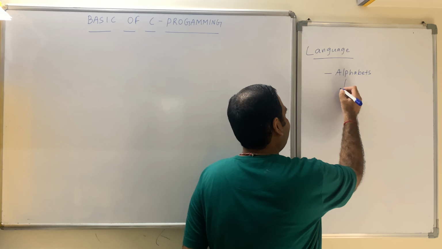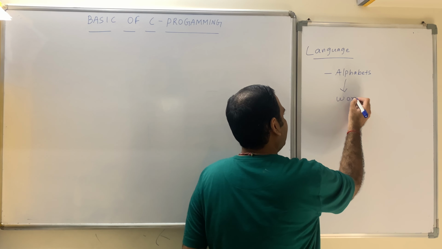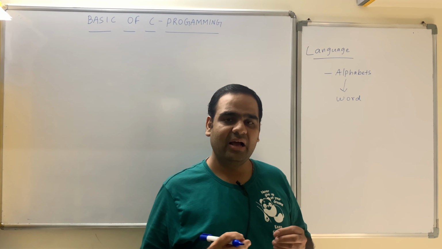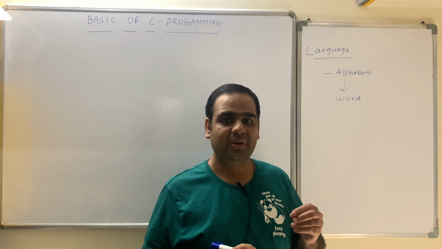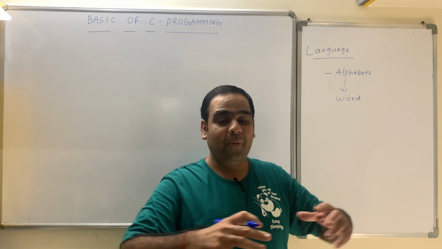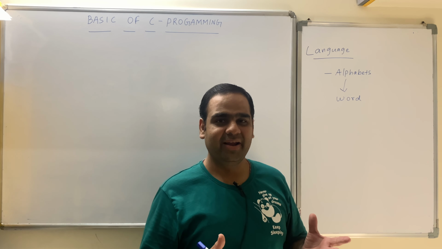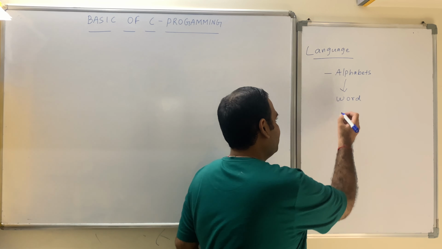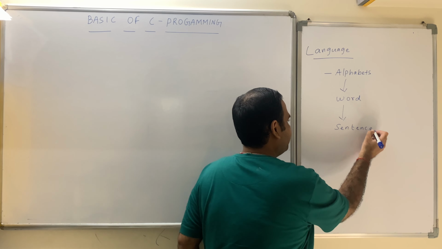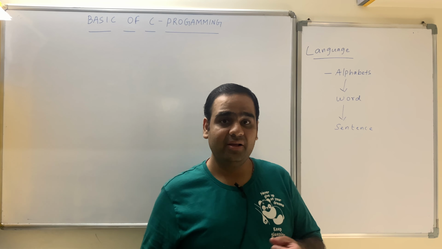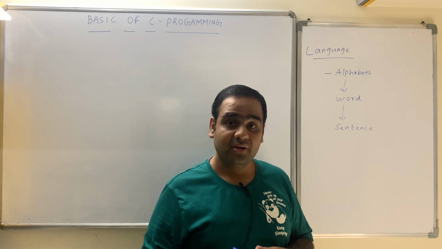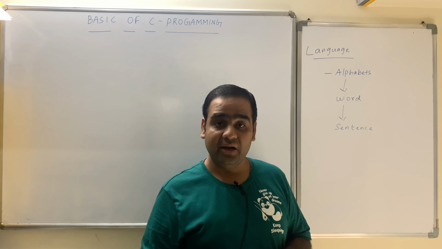You combine the alphabets, say for example A, P, P, L, E, and it becomes apple, that's a word. Group of these words are combined to form a sentence, say for example, apple is a fruit. It's a sentence. And a group of these sentences makes a paragraph and so on.